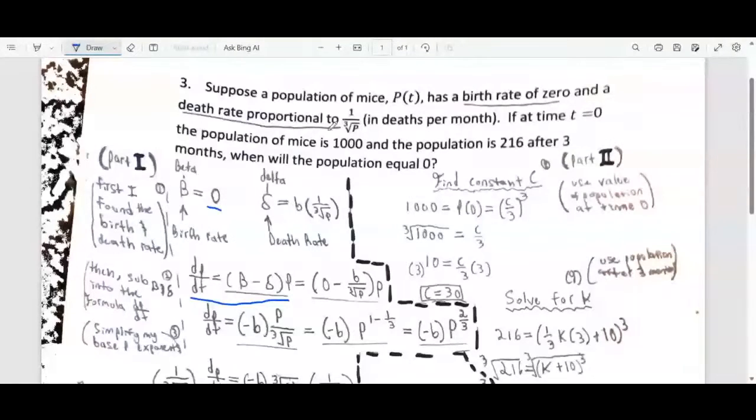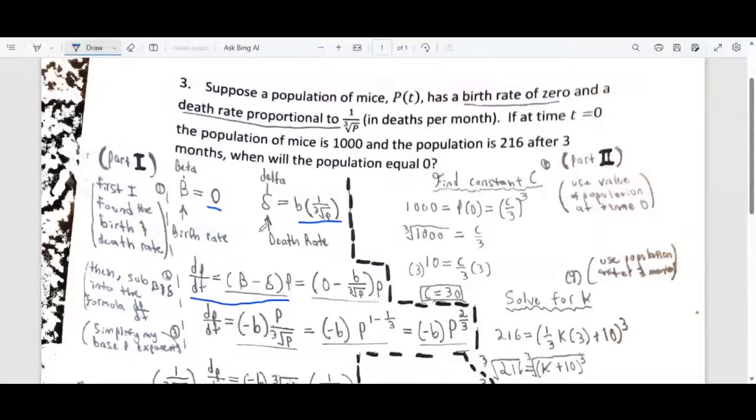Then it says that the death rate is proportional to 1 over the cube root of P. We don't know what our death rate is exactly, so we just have b as the constant, and we multiply it by 1 over the cube root of P, because that's the proportionality to the death rate.